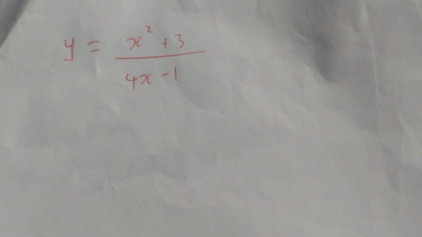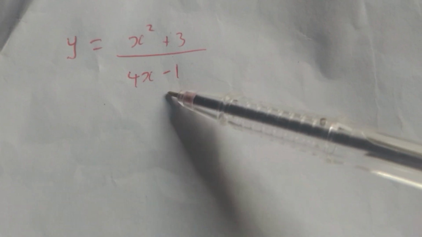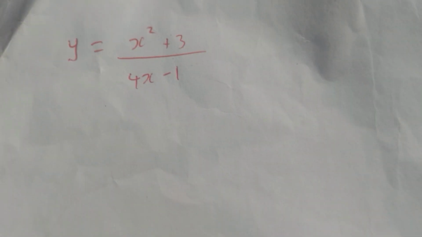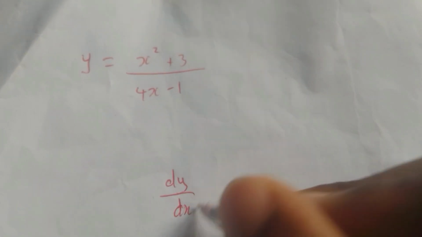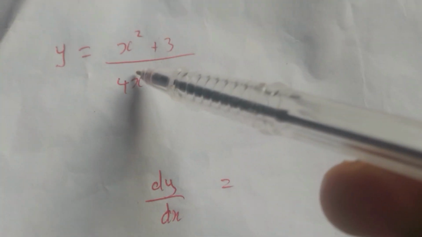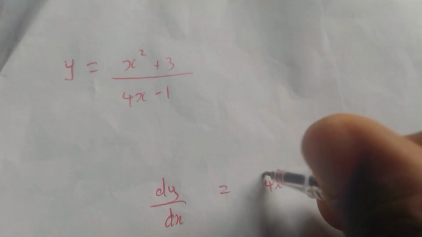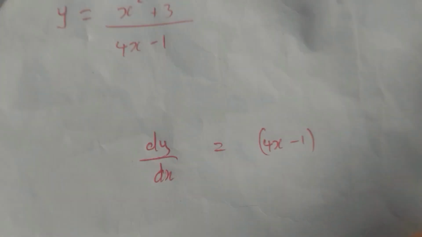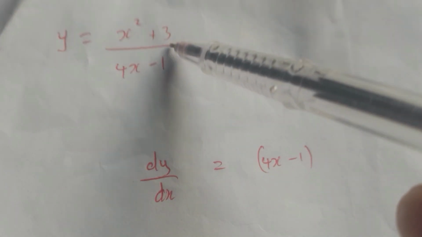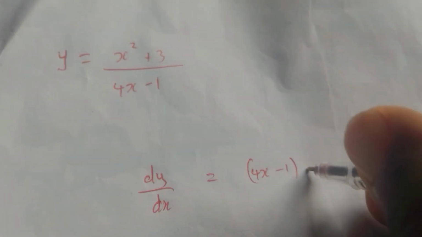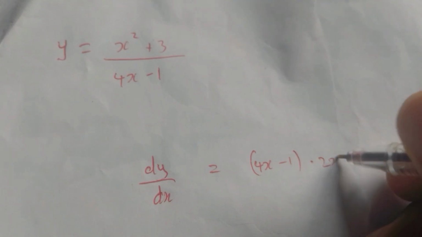Alright, first thing first, you have to know that this is your denominator and this is your numerator. Like we said, dy/dx is going to be the second function, which is 4x minus 1. You group it as a single function. Then derivative of the first function is going to be what? 2x plus a 0.